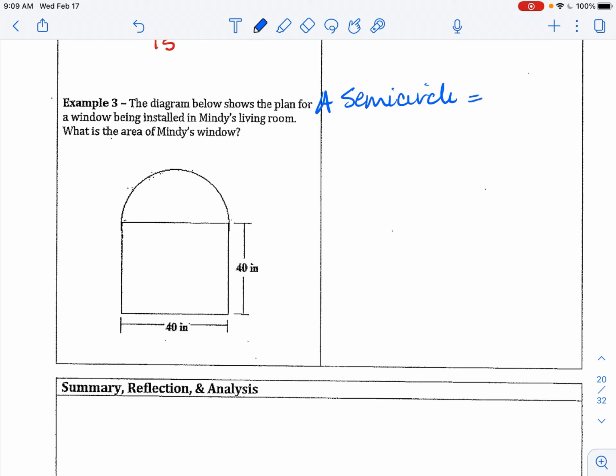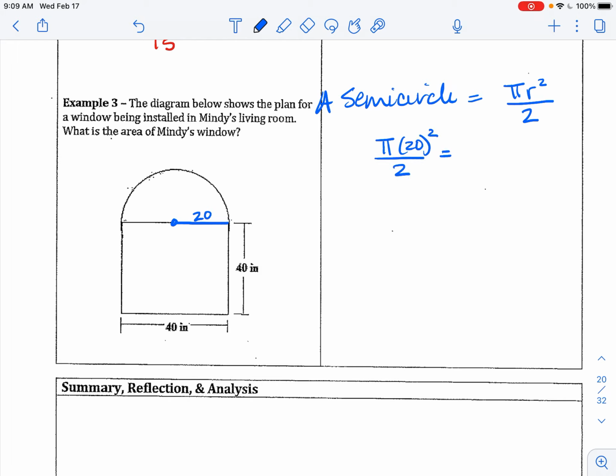The area of a circle is pi r squared, but a semicircle is half of that, so we're going to divide by 2. r is our radius, so we've got to figure out what the radius is. We know that the whole thing across is 40. That would be the diameter, so half of that is 20. My radius is 20. So the area would be pi times 20 squared divided by 2.